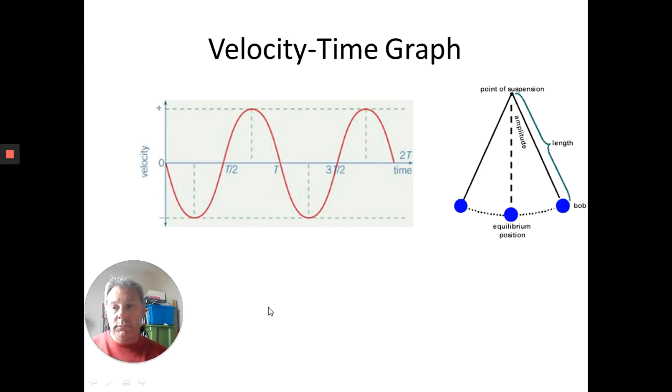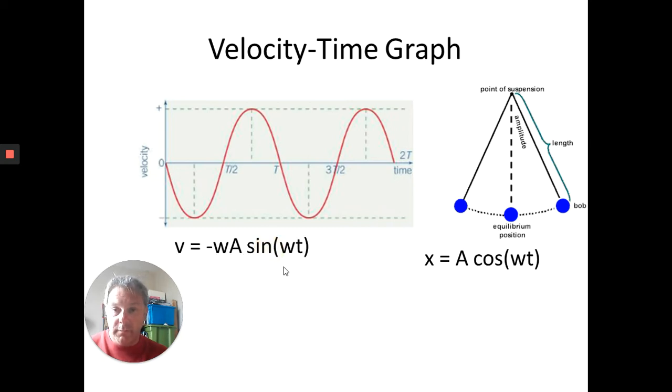Now, if you look at that graph, what does it look like? Well, it's an inverted sine curve. Now, if you also think about your maths, for the displacement time graph, to get your gradient you would differentiate that graph. So if you differentiate your displacement, you get minus omega a sine omega t.